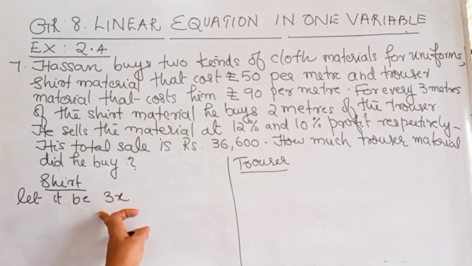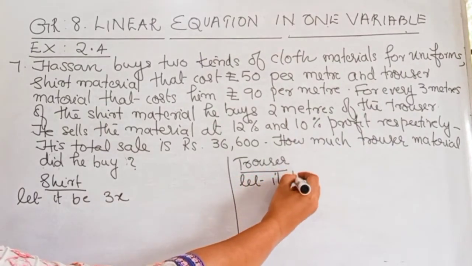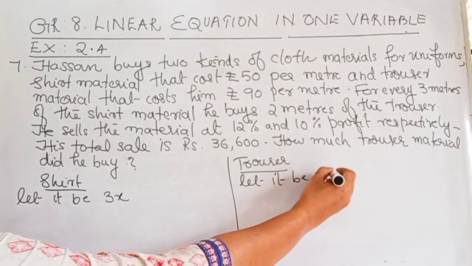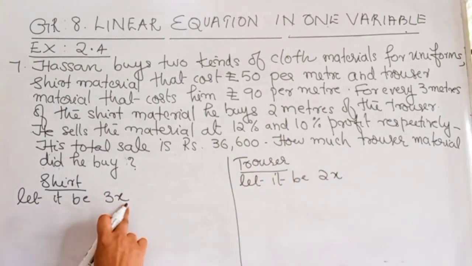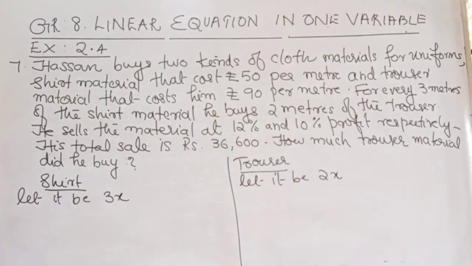So we are considering the material quantity as 3x for the shirt, and here we can consider it as 2x for the trouser. Hope that much is clear to you.